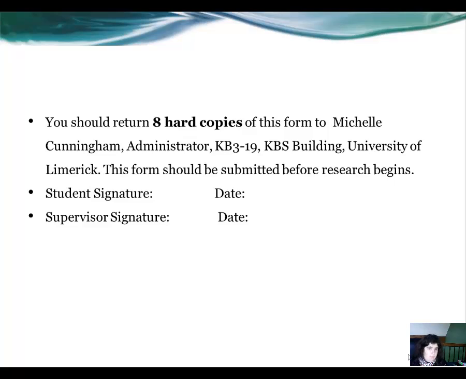And each of the forms must have your signature and the supervisor's signature. An easy way to do this is to get 1 copy, get it signed by your supervisor, and then you sign it, and then photocopy the document 8 times, keeping 1 copy for your own records.